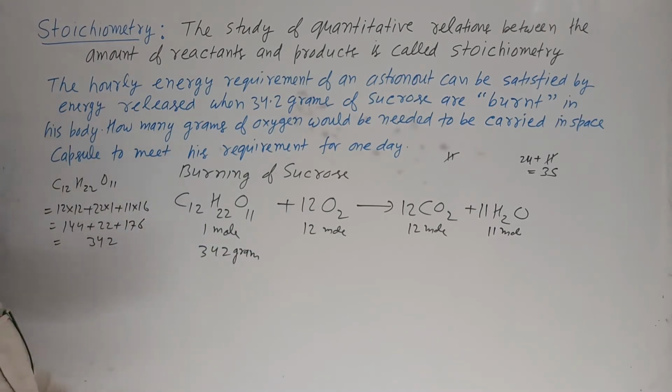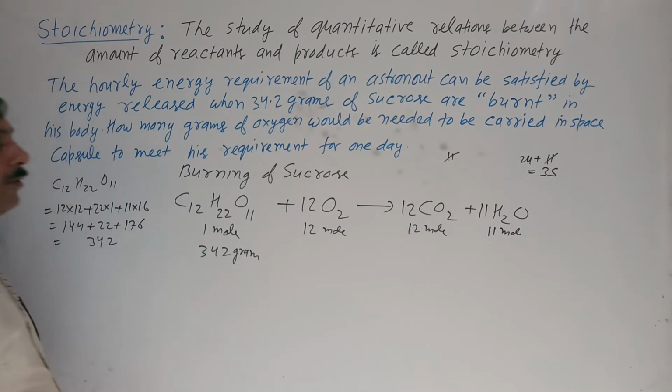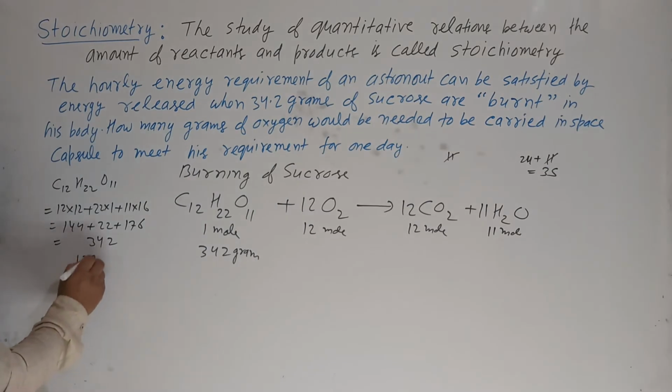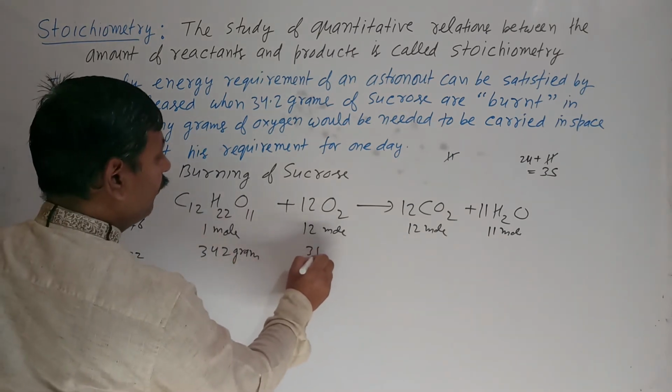of sucrose reacted with, what mass will be oxygen here. So you can see here 12 O2, 12 into 32. How much oxygen has come? 384 gram.